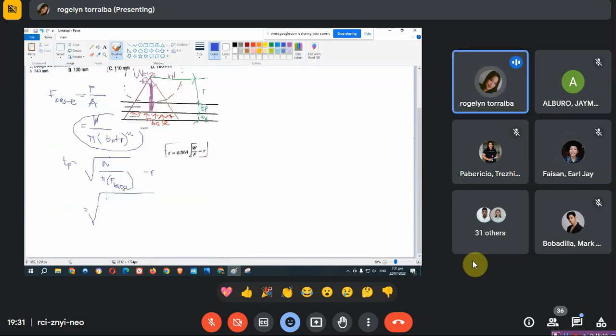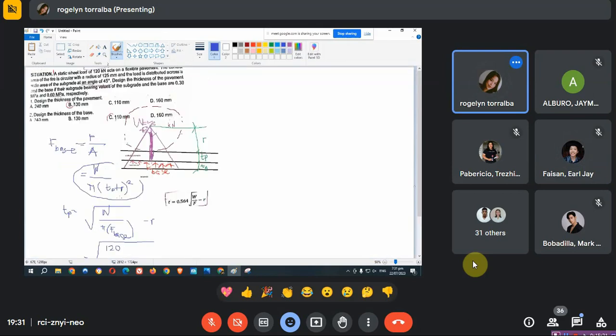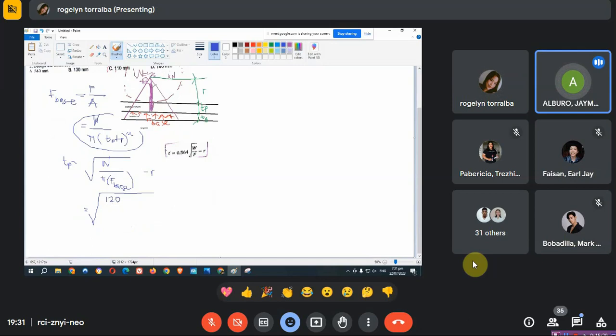What should I write here? Convert it first, since the stress is in MPa, Newton per millimeter. So that is 120,000 Newton. Yes, that's correct.